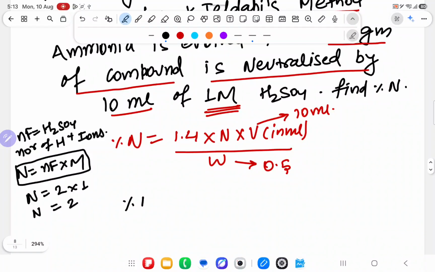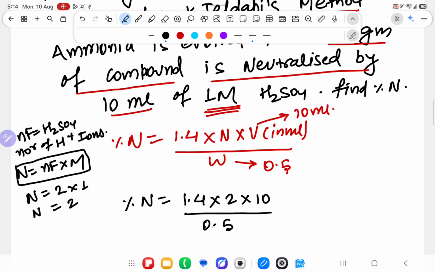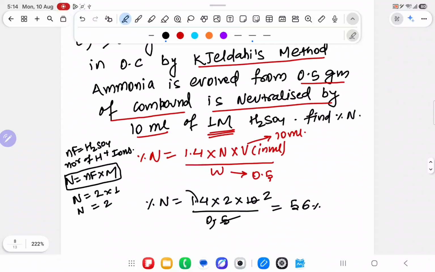Direct use the formula. Percentage of nitrogen is 1.4, normality is 2, volume is 10, weight of organic compound 0.5. The decimal is gone, and from here you get 14 into 2 is 28, and into 2 is 56%. Question done.